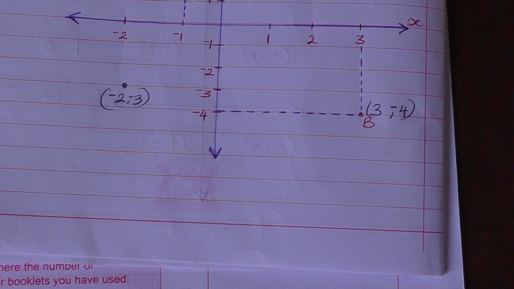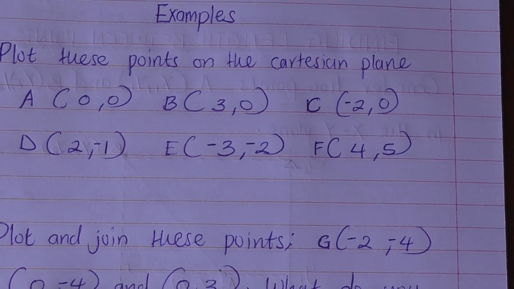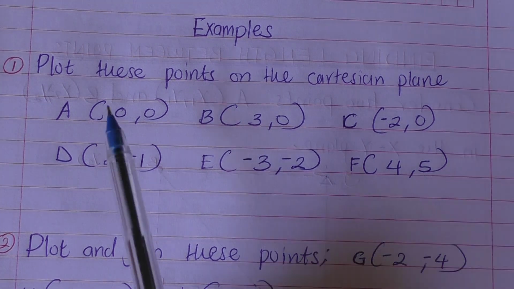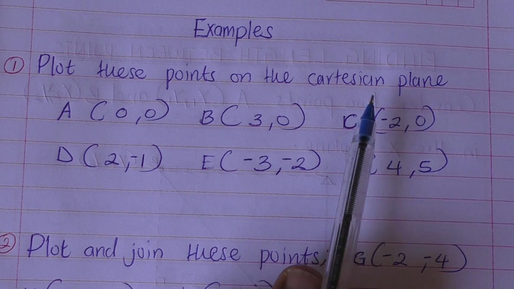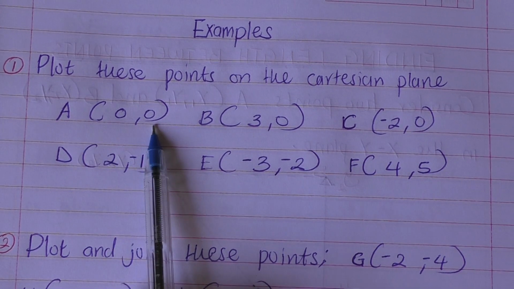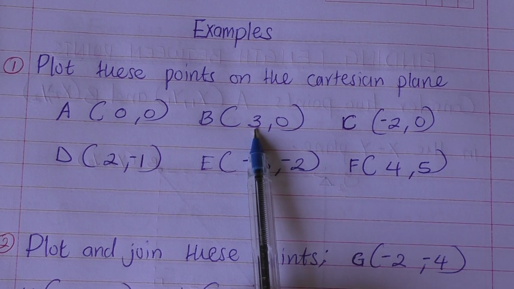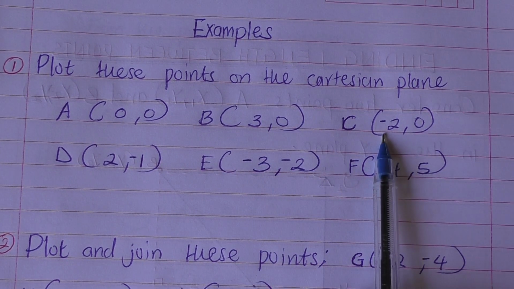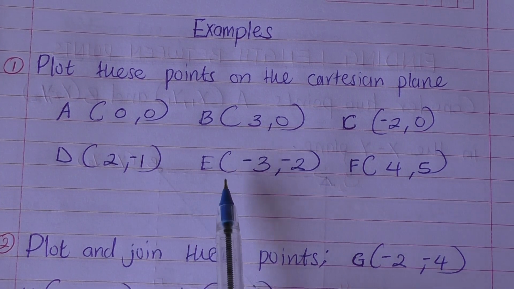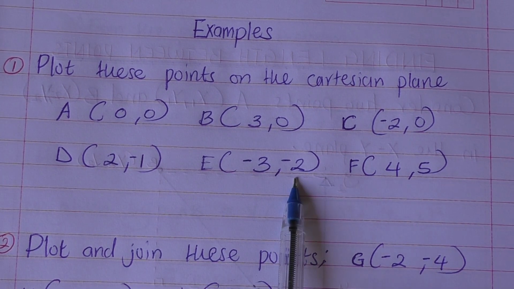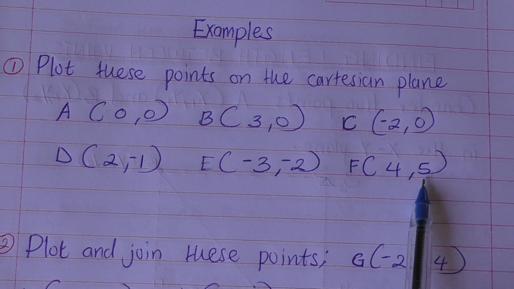For instance, we shall have an example which says plot these points on the Cartesian plane. We have point A, which is 0, 0, B is 3, 0, C is -2, 0, D is 2, -1, E is -3, -2, and F is 4, 5.